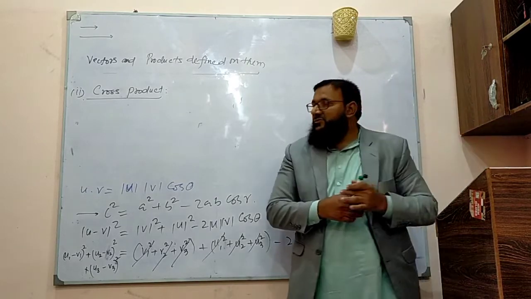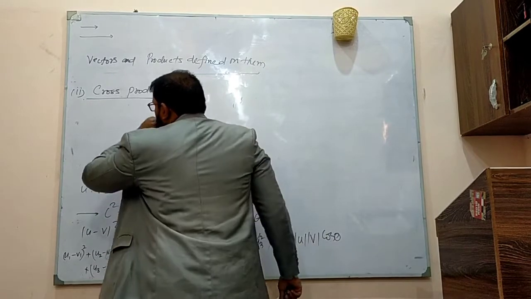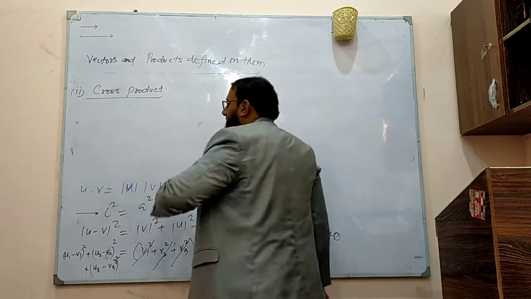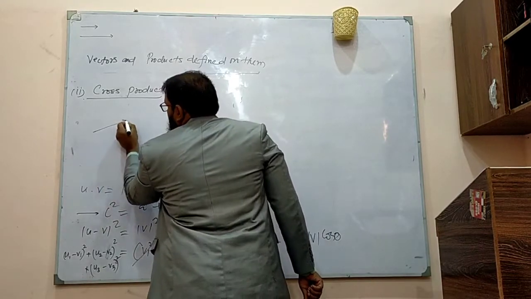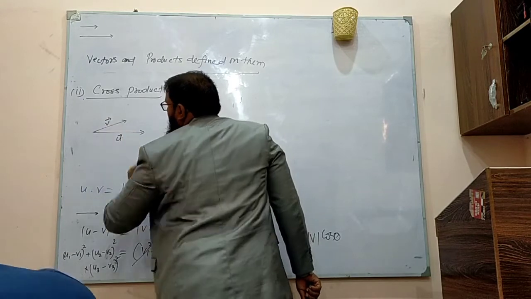I think we define cross product in such a way that I cross I would be 0 and I cross J would be K and so on. Yes, but I am not coming to that. I am writing two vectors, let's say U and V.